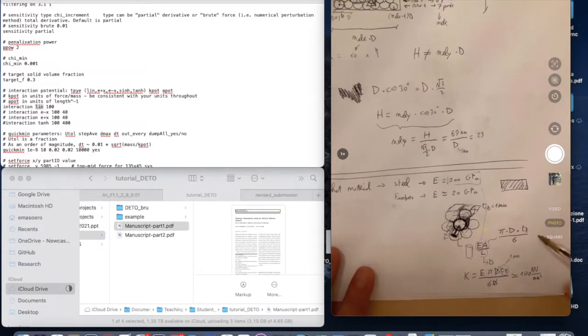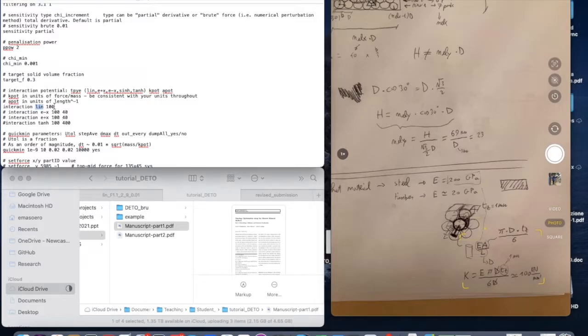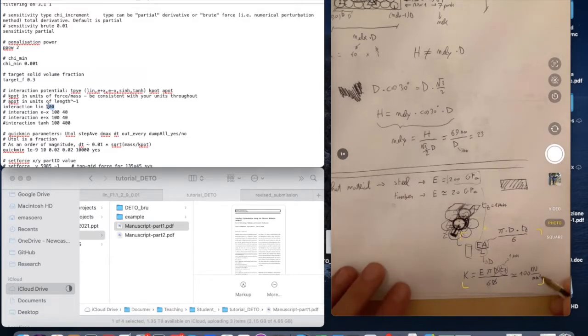So my assumption that I've coded in here, this stiffness of 100 kilonewton per millimeter, is exactly similar to having assumed that the material is steel for my system, where I have also assumed a depth of 1 millimeter.